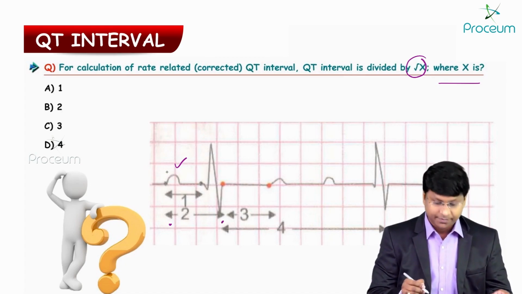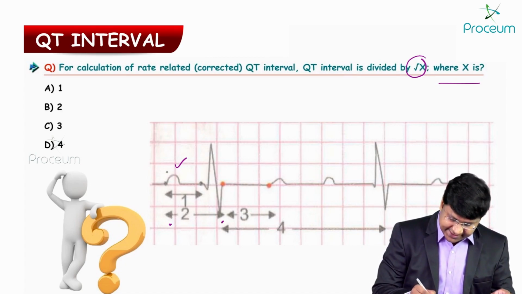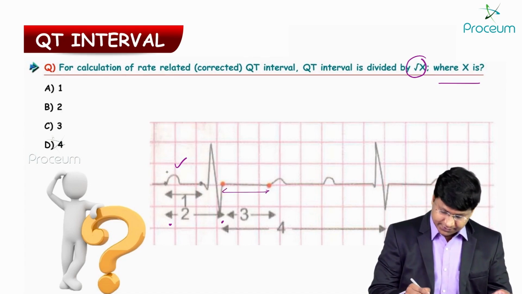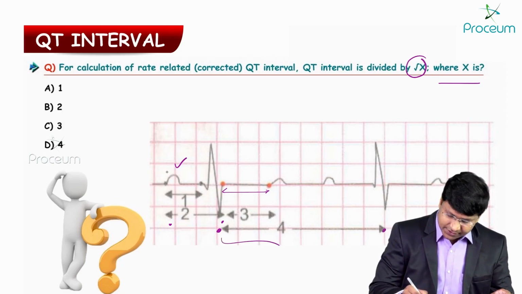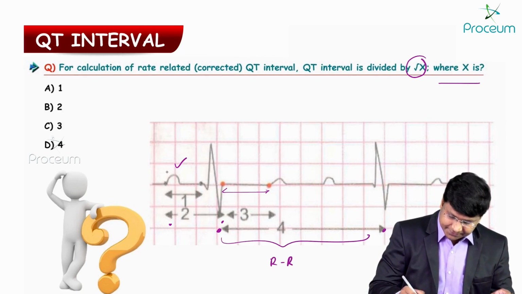And third option is the ST segment. And fourth option is from the R wave of one particular complex to that of the other complex. So this we call the RR interval.